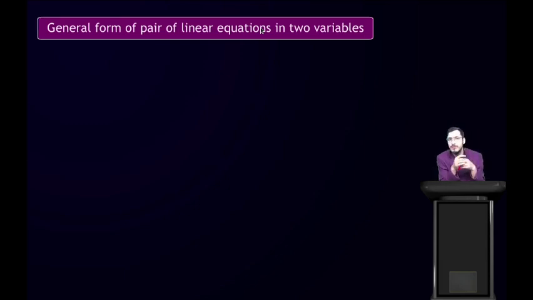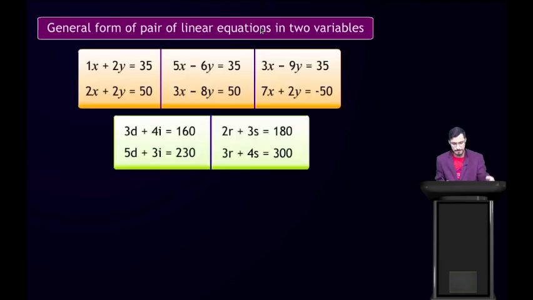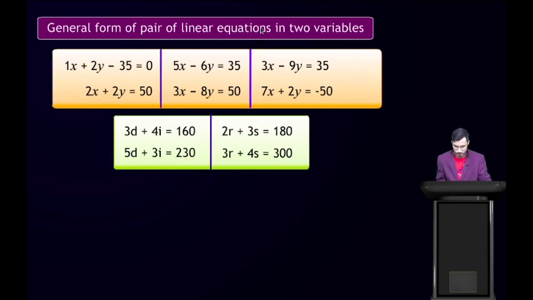Now the general form of a pair of linear equations in two variables. Let's see the general form. You can see here x plus 2y, 2x plus 2y, 5x minus 6y, 3x minus 9y, 7x plus 2y, or 3d plus 4i, or 2r plus 3s, 3r plus 4s. You can see all these examples here.